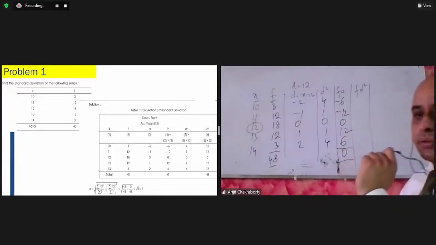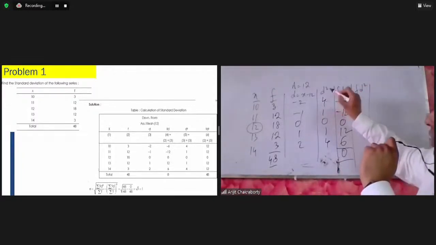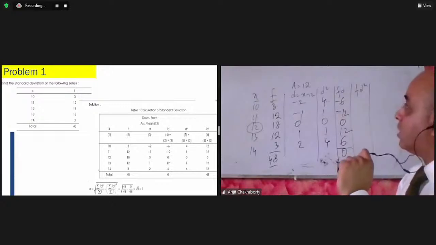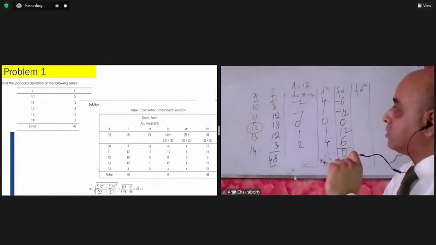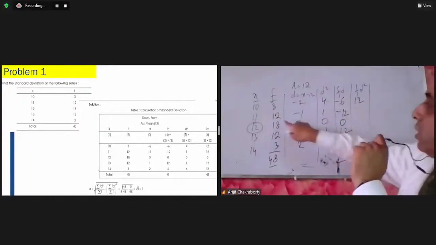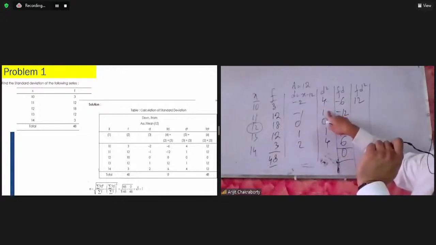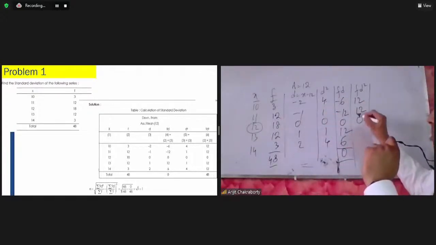FD square, let us try to find FD square. D square we have got 4, and F is 3. So 3 into 4, that is 12. 12 into 1, we are getting 12 again. 18 into 0 is 0.